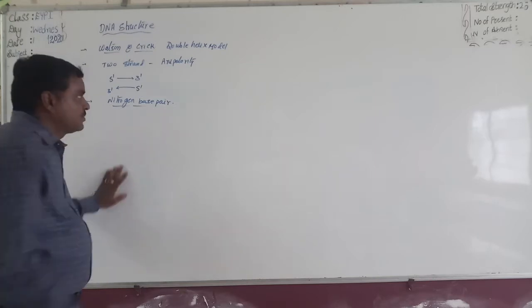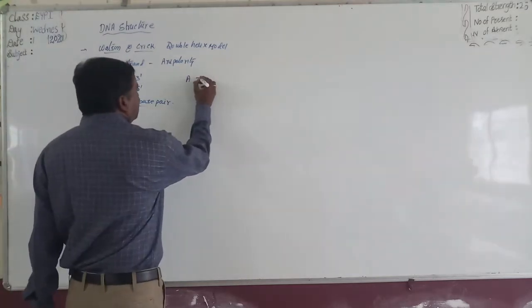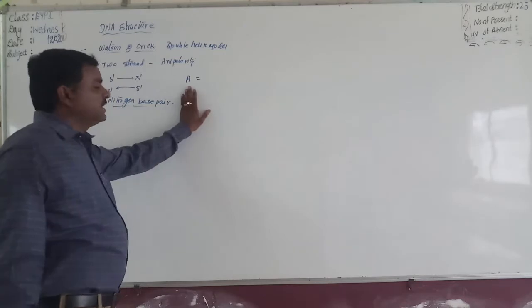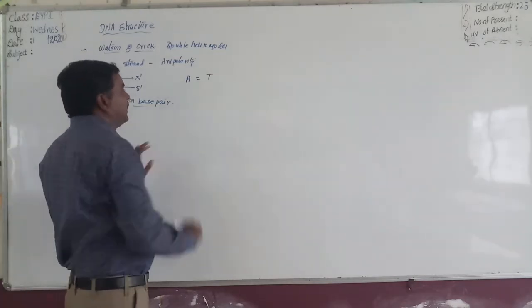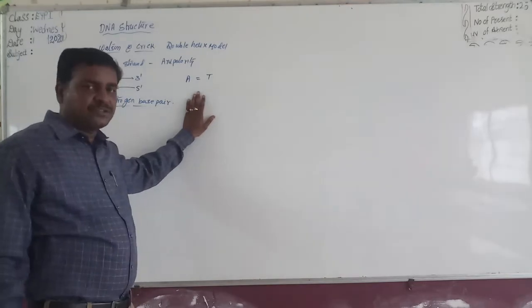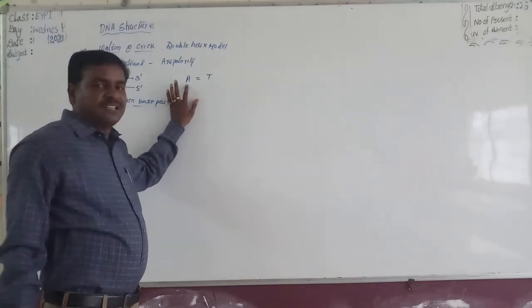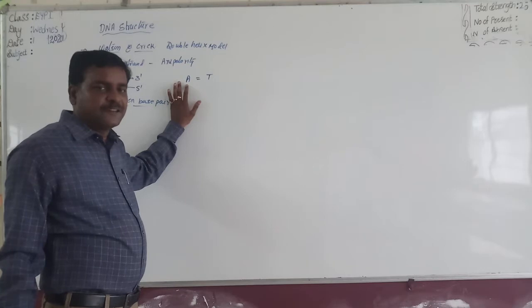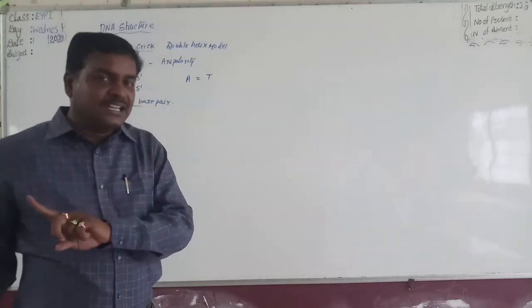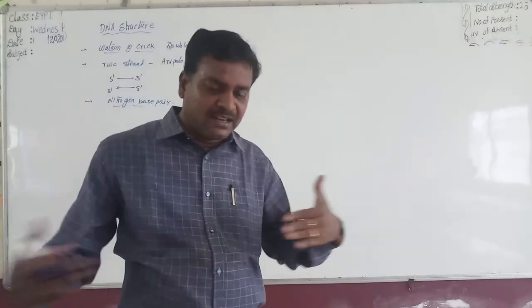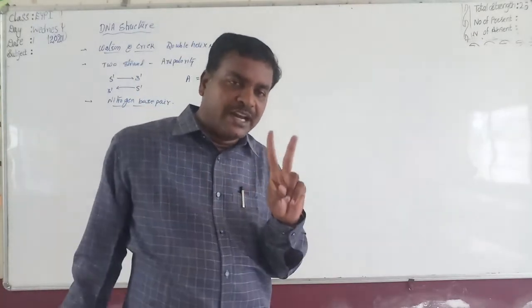Complementarity means adenine is always complementary with thymine by two hydrogen bonds. Adenine is a purine, thymine is a pyrimidine. One purine, adenine, and one pyrimidine, thymine, are linked by two hydrogen bonds.